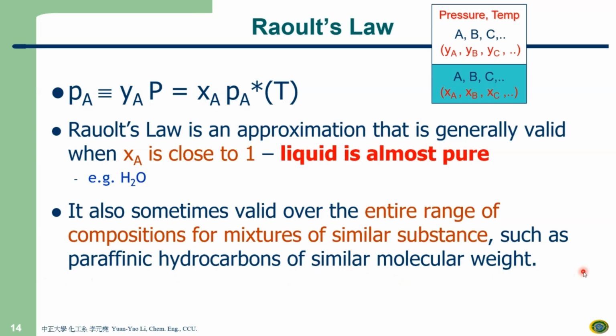It's telling you that Raoult's law is applied not only when Xa is close to 1, but also for similar substances. But this is another case, and we are not going to talk about it more. For example, toluene and benzene are very similar molecules, so they can use Raoult's law for this system.